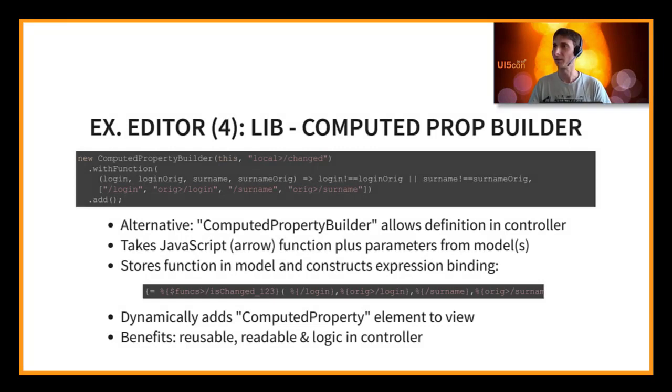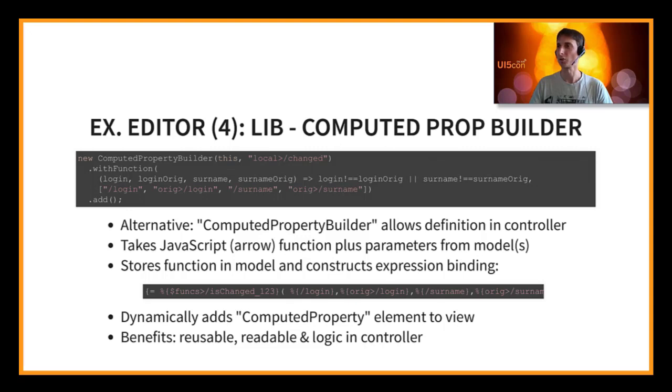What are the benefits? You have reusability again, and in my opinion, it's more readable, and the logic can now be located in the controller where it belongs in my opinion. So this is pretty much the basic principle of how the library works.